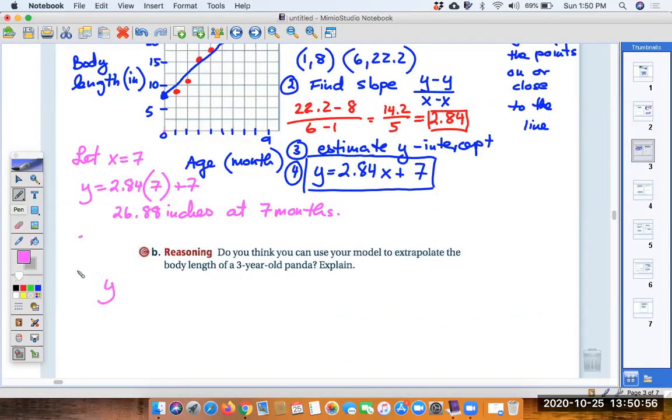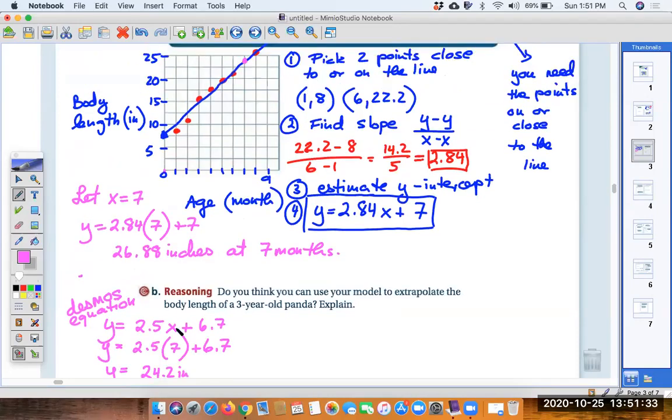So the Desmos equation was y equals 2.5x plus about 6.7. If I put in 7 for x, 7 months, it's going to change the answer a bit. We're still looking at the panda's length at 7 months. It's going to be 24.2 inches, which is probably better.